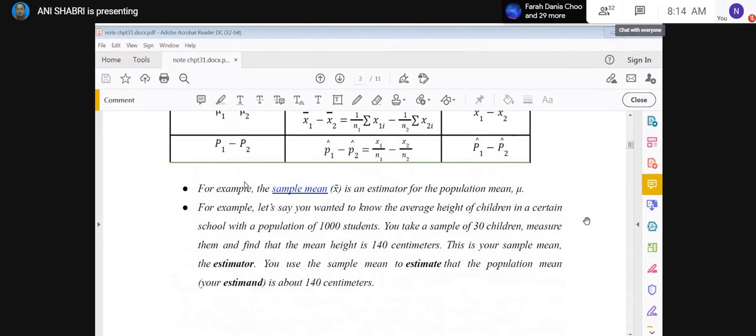You take a sample of 30 children, measure them and find that the mean height is 150 centimeters. This is your sample mean, the estimator. You use the sample mean to estimate that the population mean is about 150 centimeters.